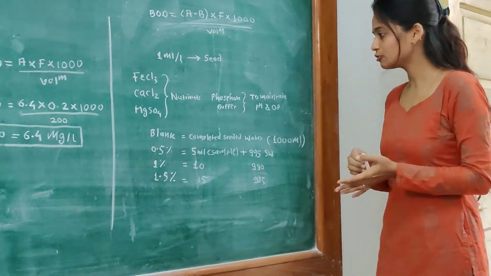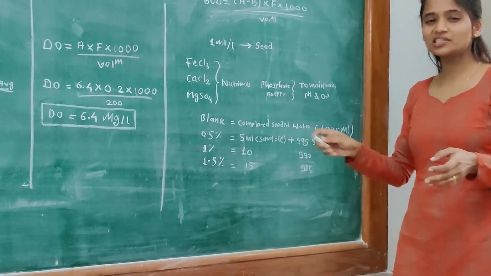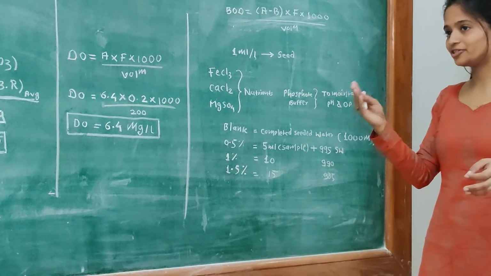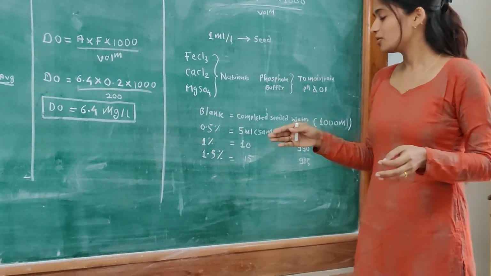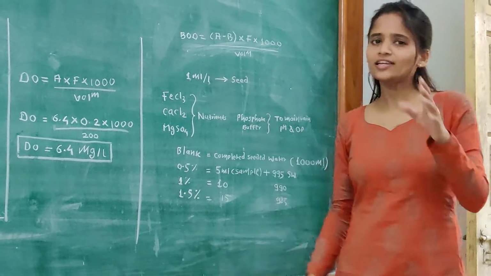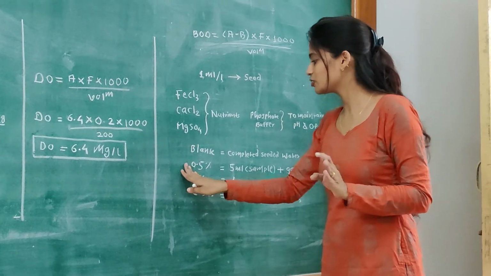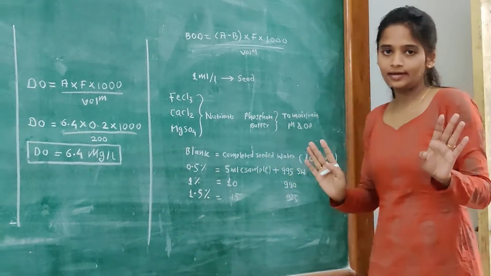There are many dilution ratios that are used for various kinds of wastes, so you can again refer to your procedure for that. As an example, consider that we are taking 0.5%, 1% and 1.5% dilution.